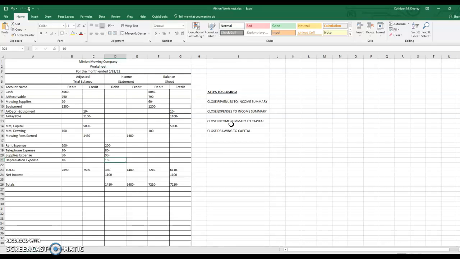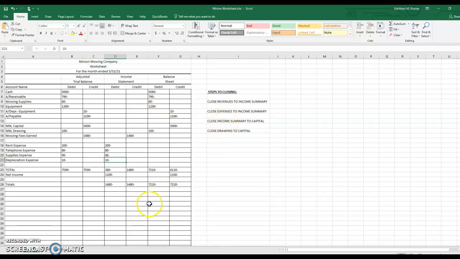Okay. So, income summary oftentimes is not in the general ledger. It's not on our worksheet. Sometimes with a periodic inventory system, which we'll talk about at the end of the semester, it can be on there, but for most companies' worksheet, it's not.